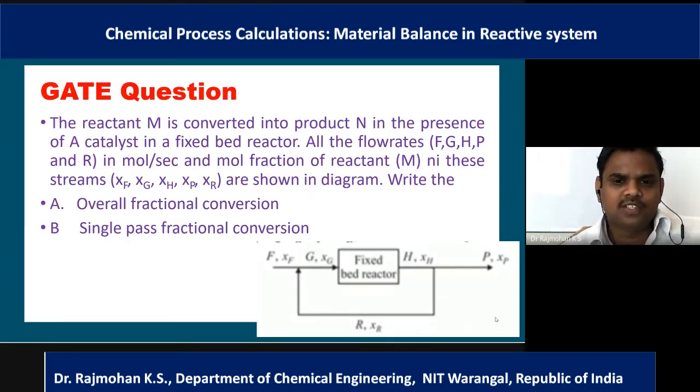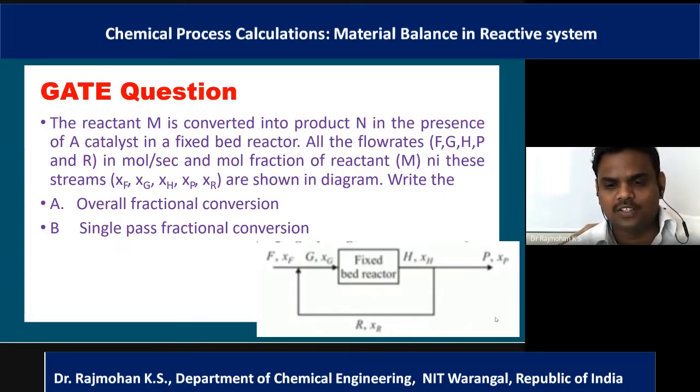It is mentioned F is the flow rate of fresh feed, XF is the mole fraction of reactant M in the feed, and the mixed feed is given as G, and the mole fraction of reactant M in this gross feed is Xg. And similarly we have a gross product stream, with flow rate H, and the mole fraction of reactant M in this gross product is XH.